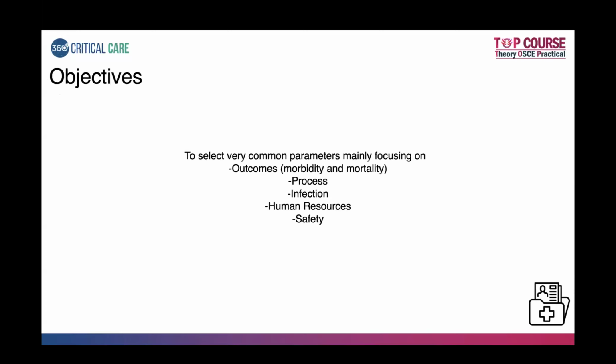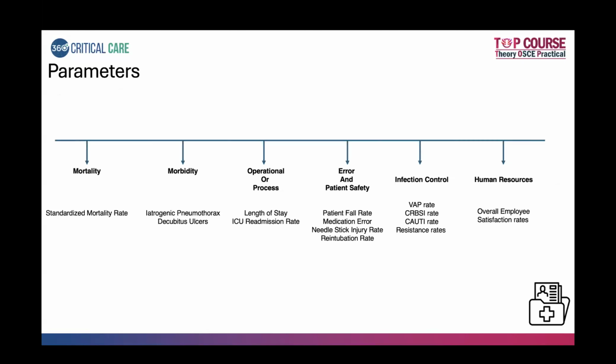The main objective is to select very common parameters, mainly focusing on outcomes, that is morbidity and mortality, process, infection, human resources, and safety. Whatever I discussed in the previous slide, I've just made into a more elaborate version. For mortality, you can assess it by the standardized mortality rate.